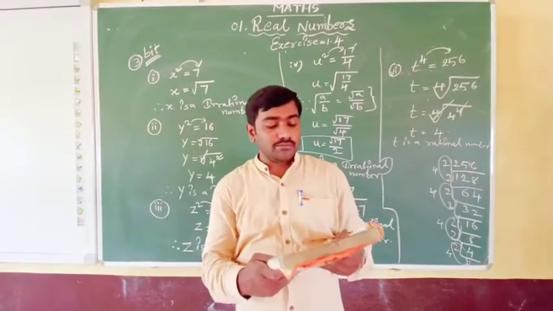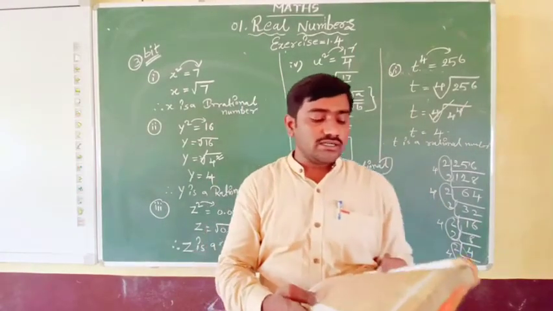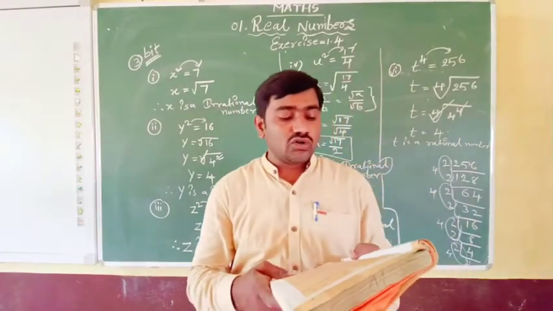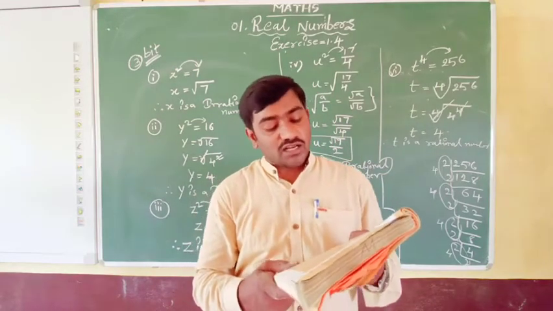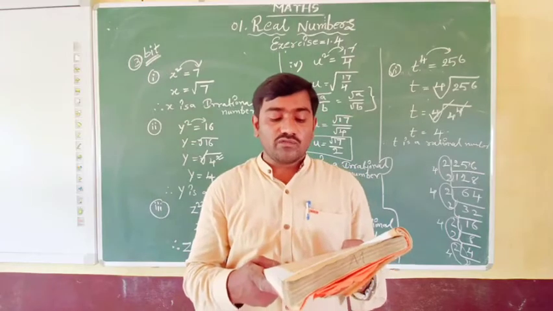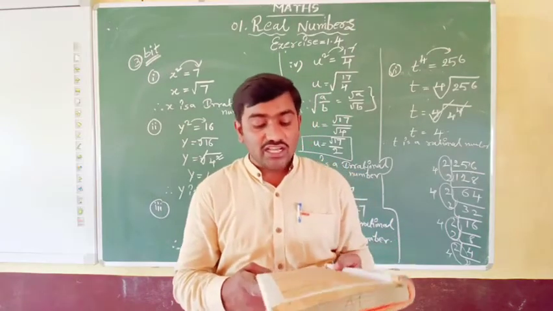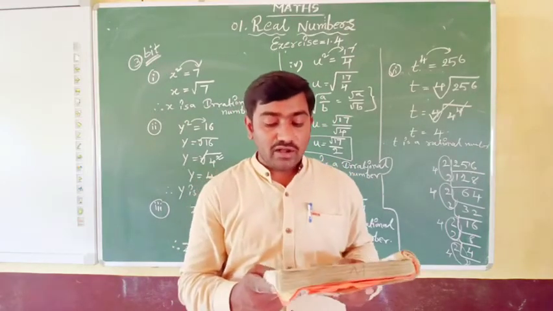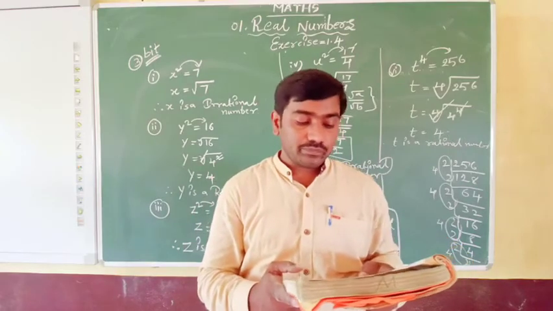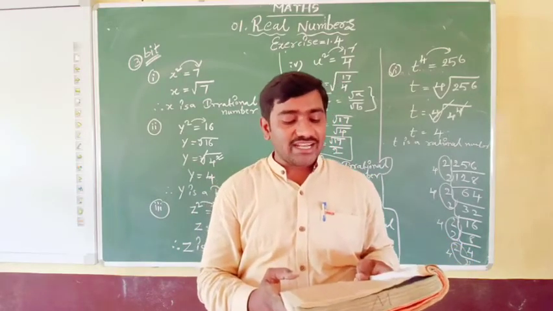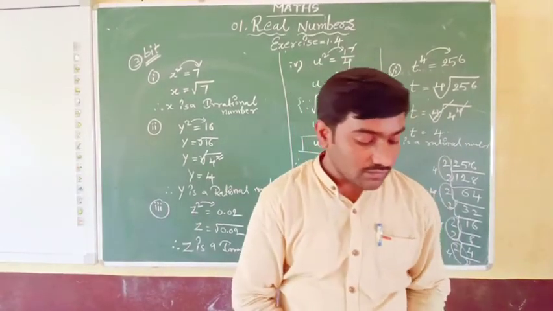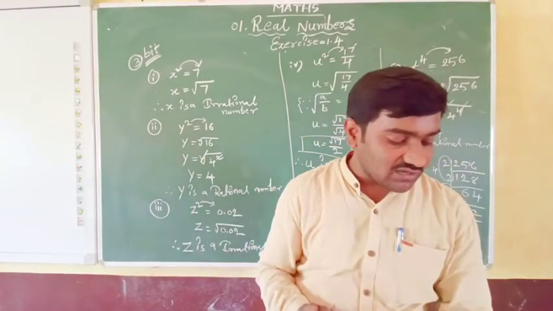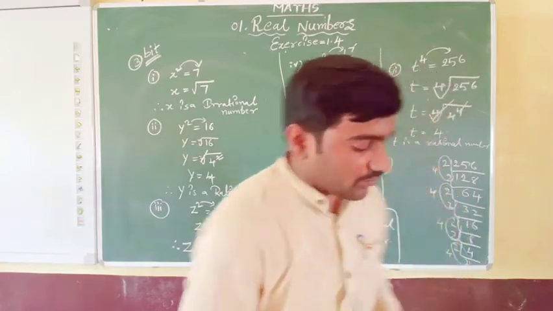Then the fourth question. The fourth question here: the ratio of circumference to the diameter of a circle, C by D, represents pi, but we say that pi is an irrational number. Why? So what is the ratio of circumference to diameter?